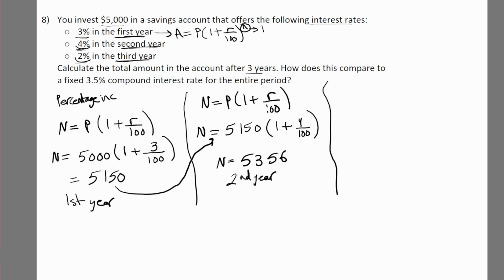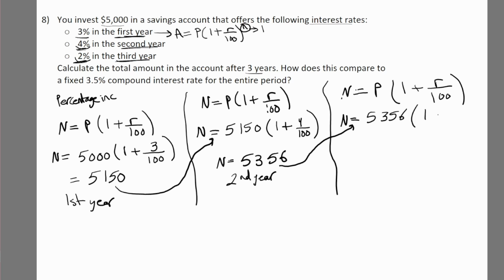So this is the amount of money you have in the second year. Now, finally, in the third year, it's going to do the same thing, except we're going to increase by 2%. So the new will be equal to P, the principal, multiplied by 1 plus R over 100. The new amount will be the principal, the final amount from the second year. It's really important to understand how to carry what you last used into the next one.